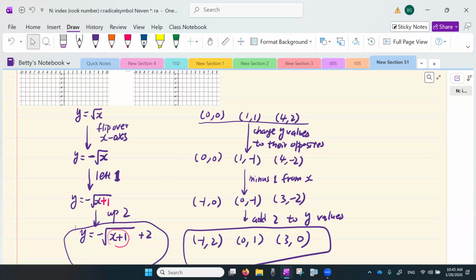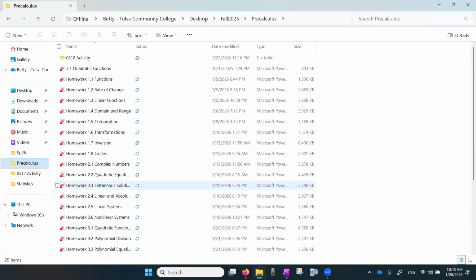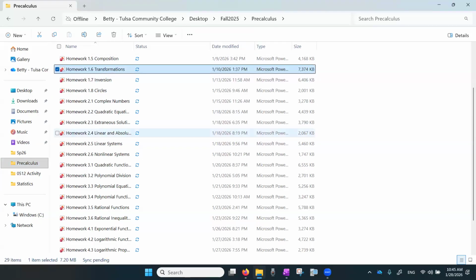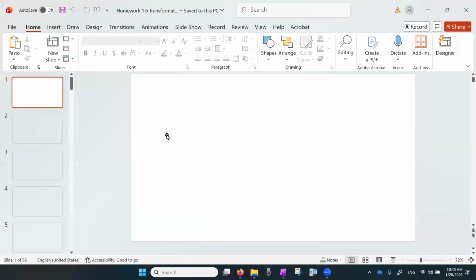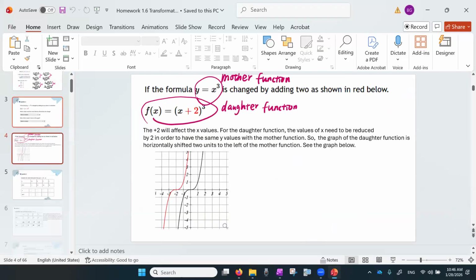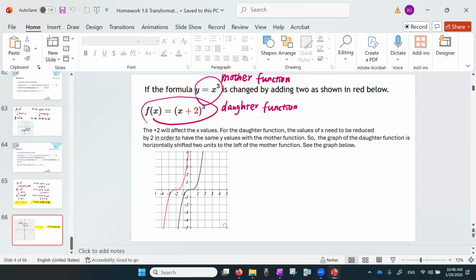Yeah, transformation is very, you know, this file, let me show you this file. It took me many hours. It's 1.6 transformation. But if you go through the file, you would learn, okay? Actually it's not that bad. How many pages? Look at that, 66.